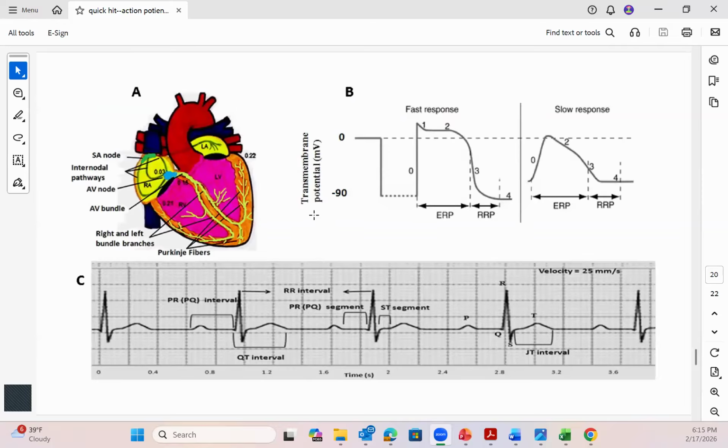All right. Just another visual to kind of go over all of this, right? And there's a term here that you should probably know, right? And it's ERP and RRP. Anybody know what they mean?